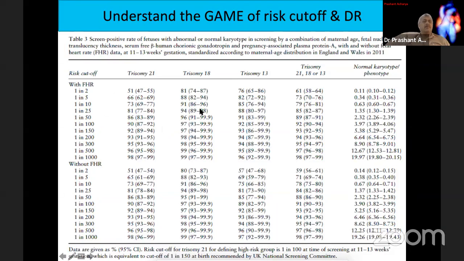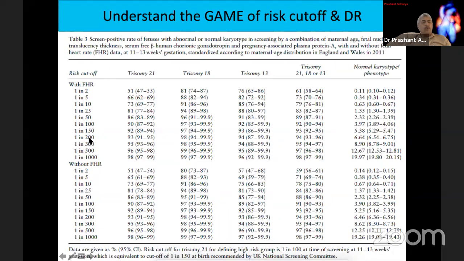This slide will tell you about the game of risk cutoff and detection rate. So let us understand this trisomy 21. In our clinic today, we consider 1:100 as the cutoff rate. If I use 1 in 100, I'll be able to detect 90%.